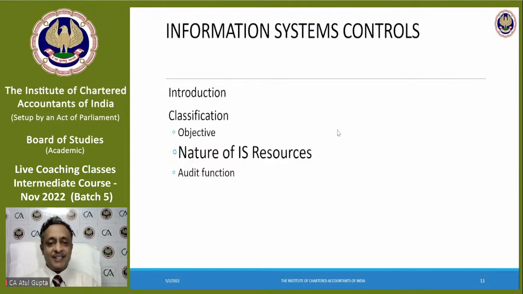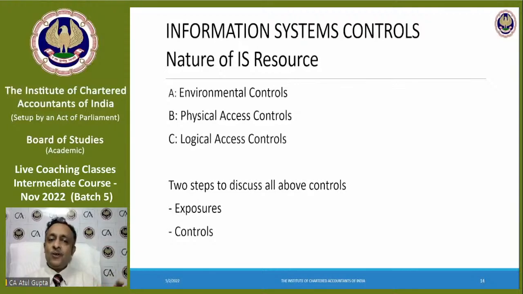So this is what we talked about. Then we talked about environmental, physical, and logical access controls. And when we talked about controls, we looked at exposures and controls. Please understand, when we started, we learned words like vulnerability, threat, risk, and impact. When I say exposure, I'm basically talking about vulnerability, a sort of gap, a weakness.